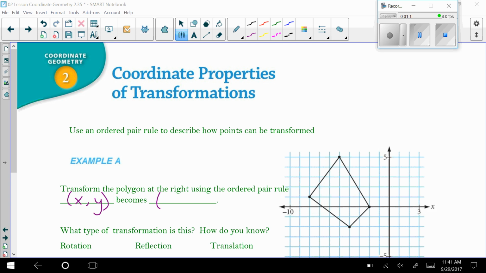In this first example, we're going to use h as 2 and k as -3. So to transform the polygon at the right, we're going to use the ordered pair rule xy becomes x plus 2 and y minus 3.